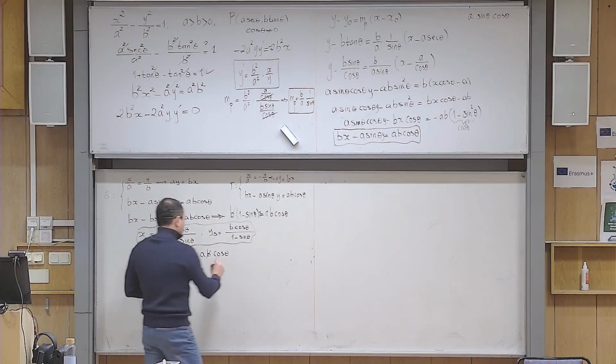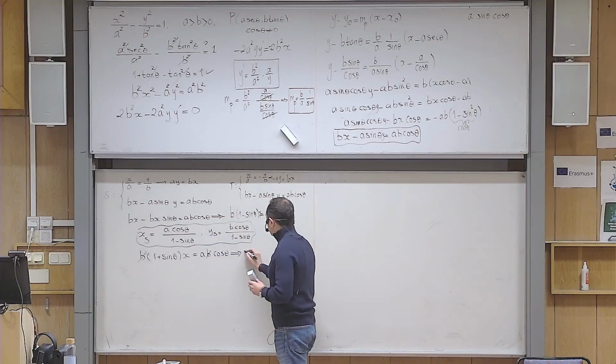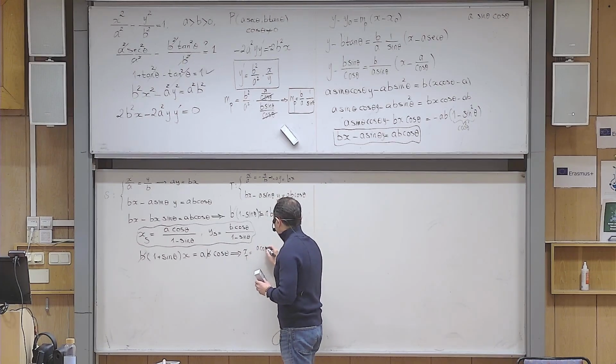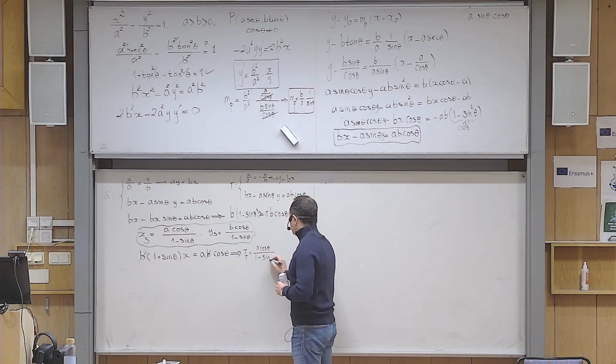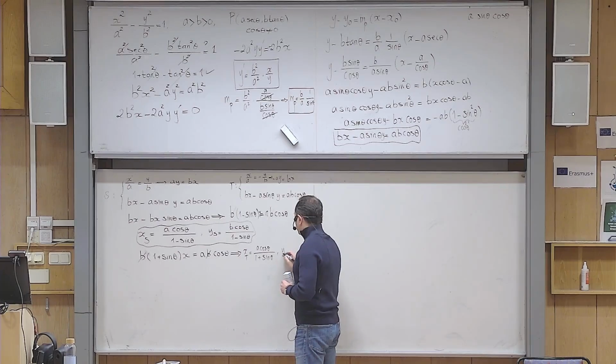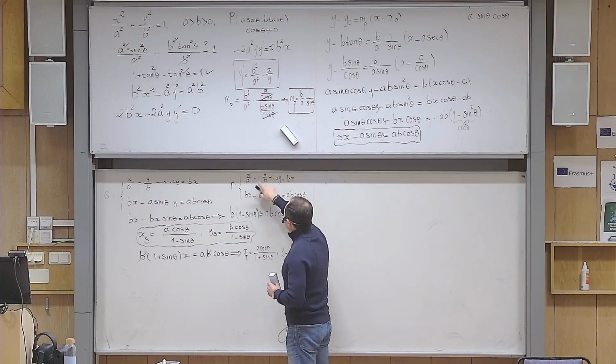I am on the safe side to divide, but because this one is called t, let me write x sub t is equal to a cosine theta divided by 1 plus sine theta. And then y sub t will be minus b over a x.